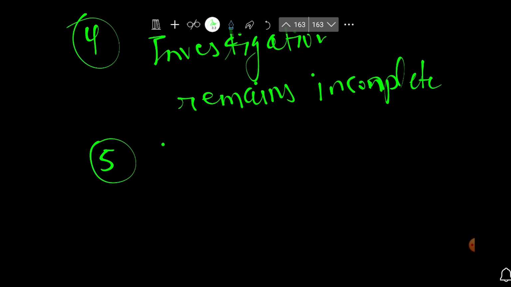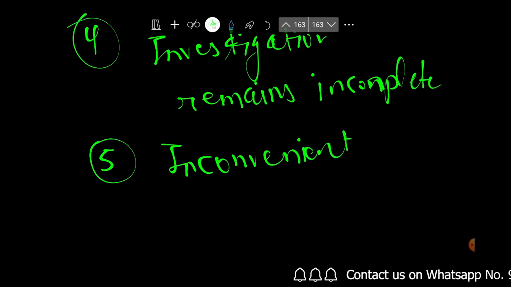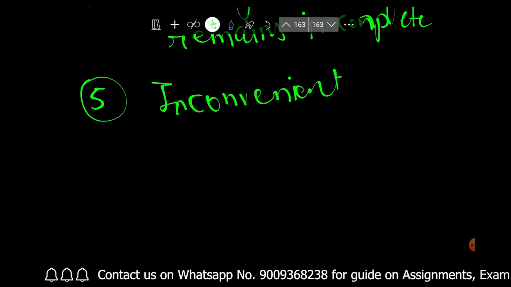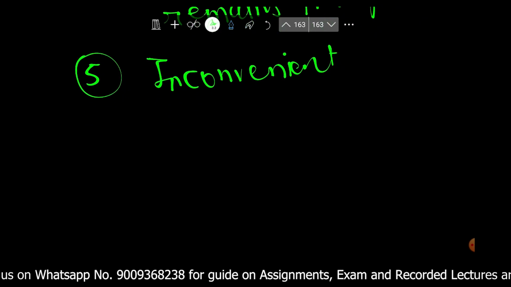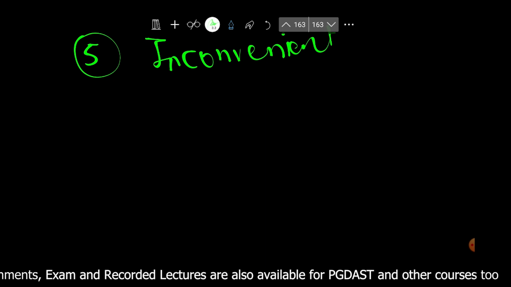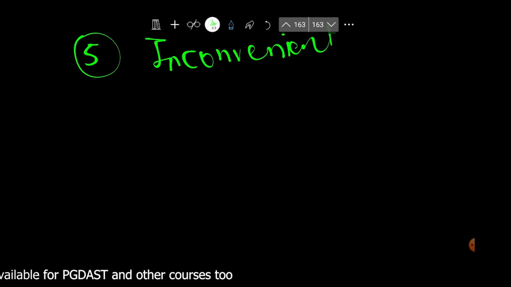The fifth point is that it is inconvenient. Inconvenient means that this needs a whole department to be established separately. Problems related to management arise. The management should be proper.